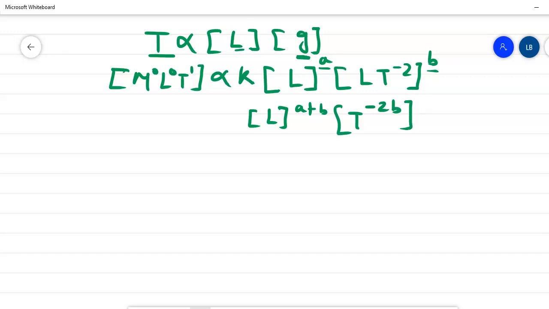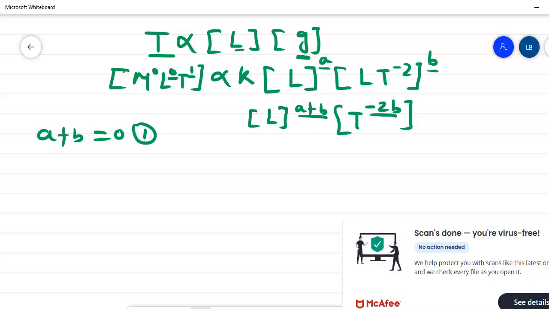After expanding the right hand side, what did I get? I got L to the power A plus B. On the left hand side, L to the power 0. So I got one equation: A plus B equal to 0. Then comparing the other power, minus 2B is there, and here T to the power 1 is there.